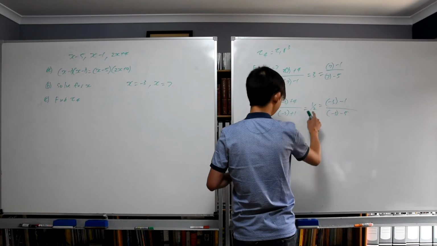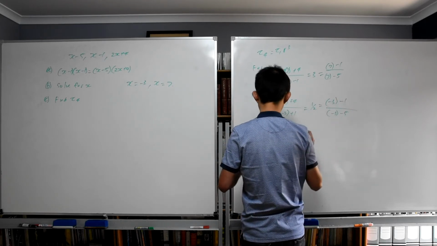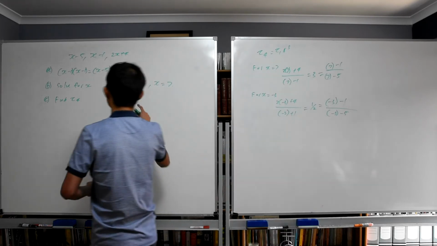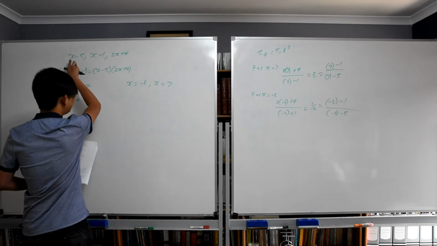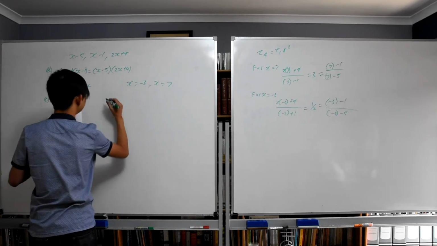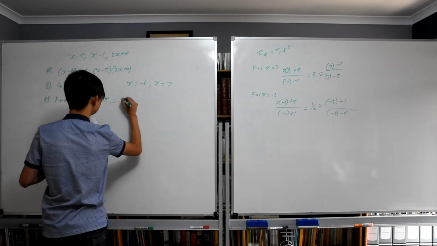By common ratio, this is equal to half. By this common ratio, it's also equal to half. So we get two possible values of common ratios. Therefore, our first term is either equal to minus 8 or 2. Minus 3, minus 5.